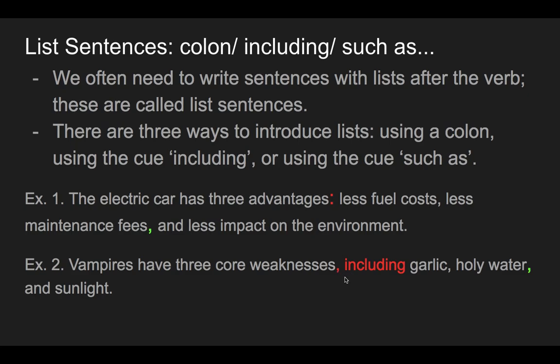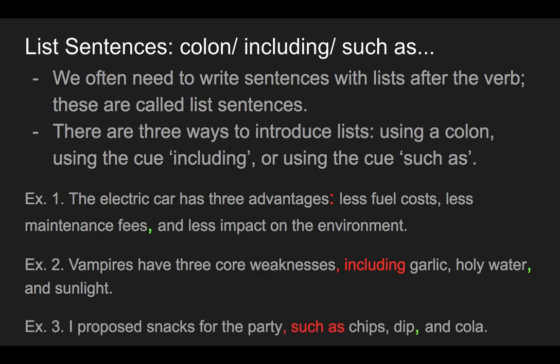These both set up the fact that you're going to list off a bunch of things that are in the same category. And finally, example number 3: I proposed snacks for the party, comma, such as chips, dip, comma, and cola. So you see, again, in all of my lists, I've got that green comma between item 2 and item 3 to indicate, hey, don't forget, I want you to include the Oxford comma.